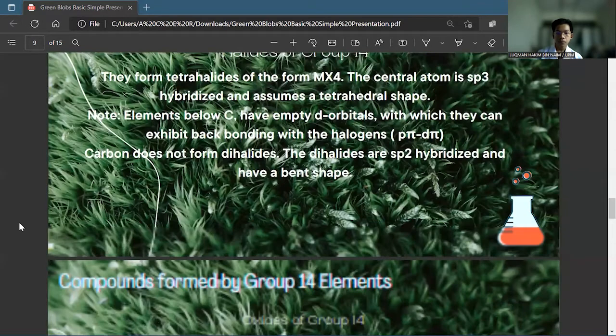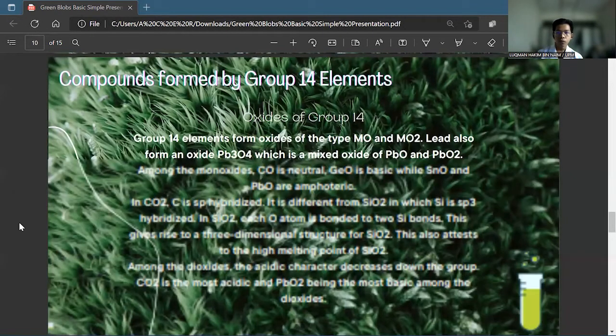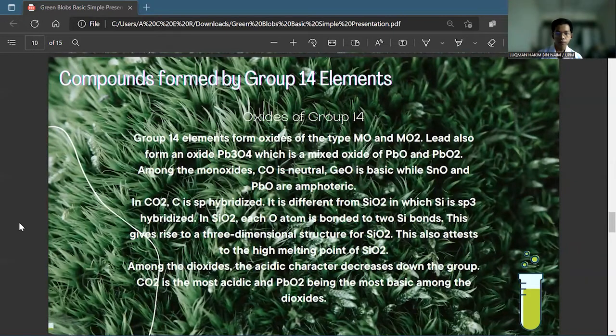For the next one, oxides of group 14. Group 14 elements form oxides of the type MO and MO2. Lead also forms an oxide, Pb3O4, which is a mix of the oxides PbO and PbO2. Among the monoxides, CO is neutral, GeO is basic, while SnO and PbO are amphoteric.